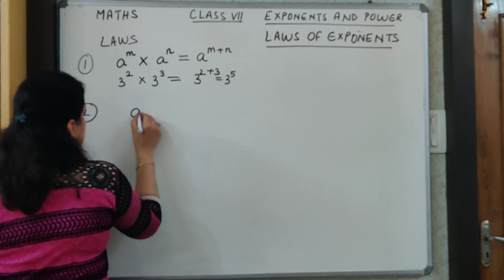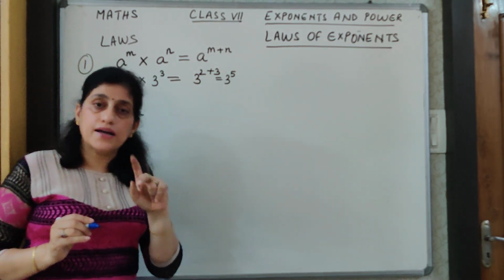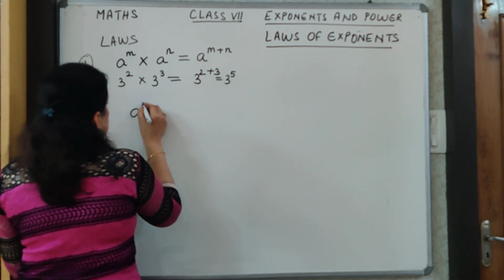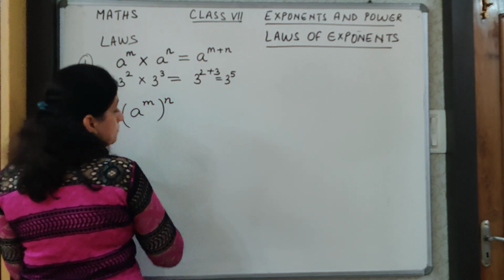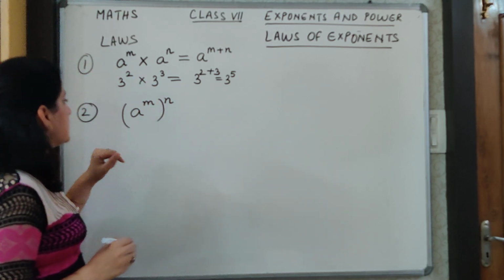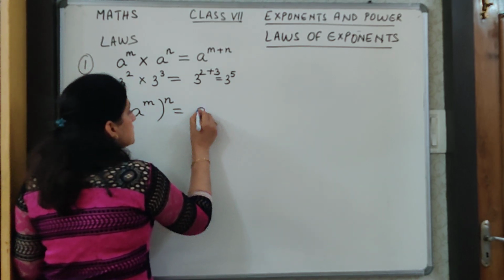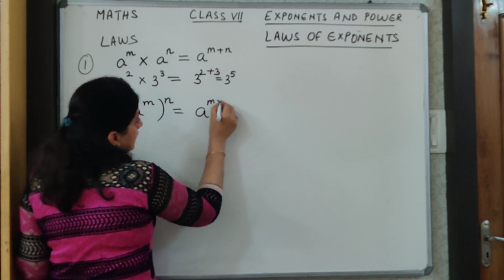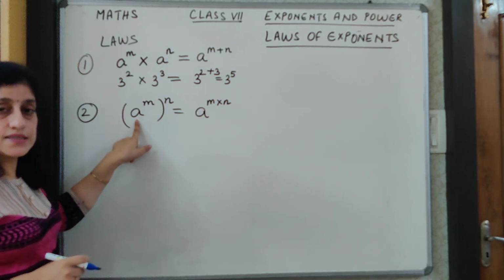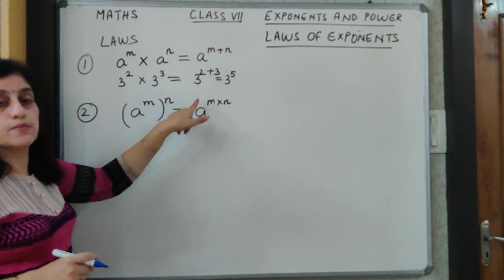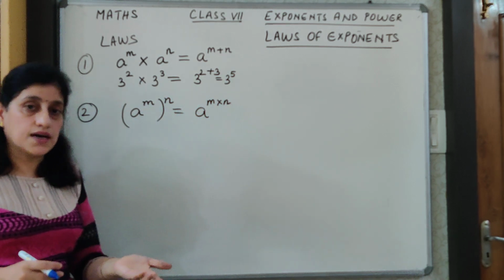If we have a base and two different powers are multiplied to the given base like this, a to the power m whole to the power n, then in this case the powers are multiplied and not added. You can see the difference. Here when the base is single and the powers are multiplied, then actually the powers are multiplied.